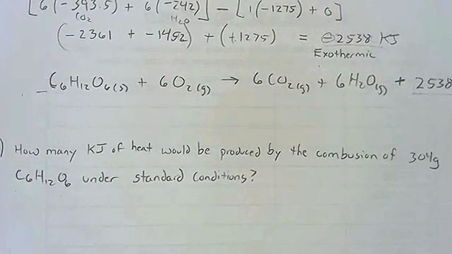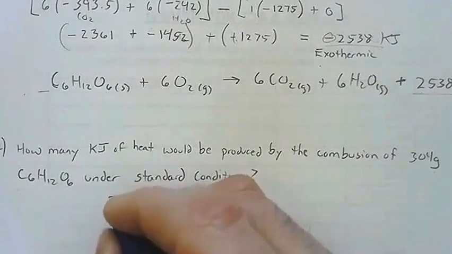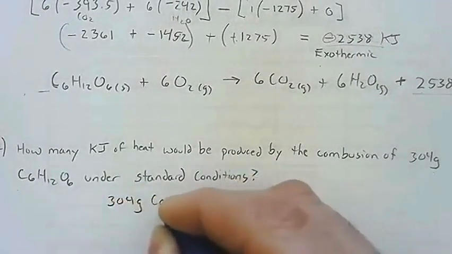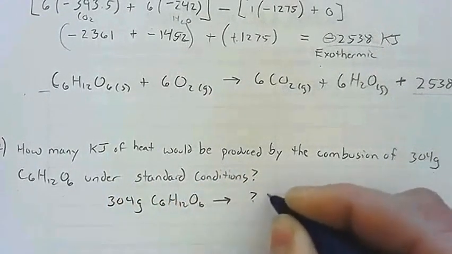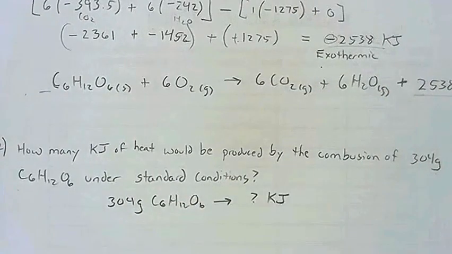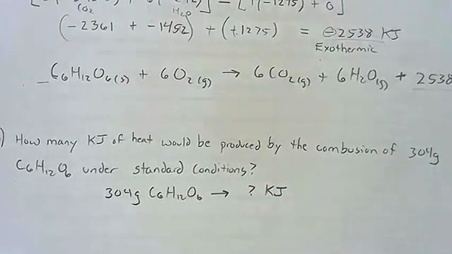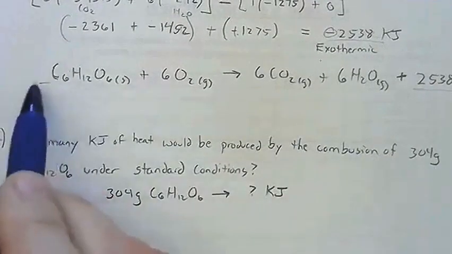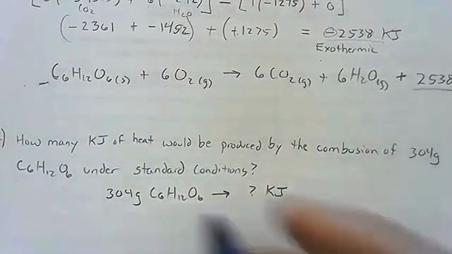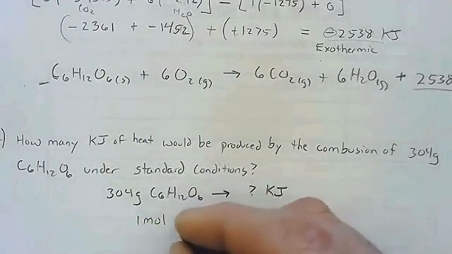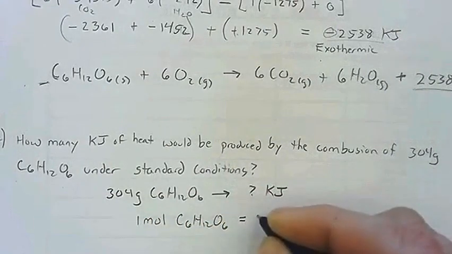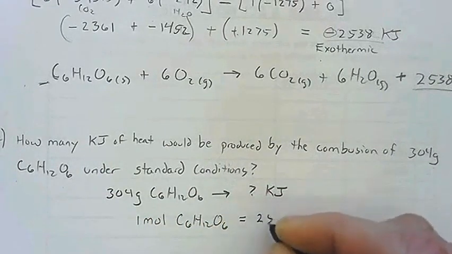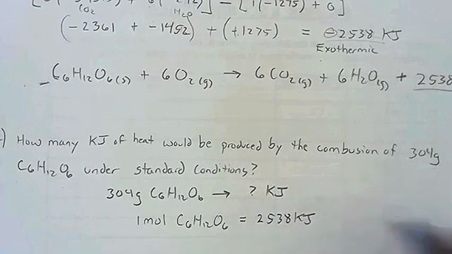And basically, this is a chemical conversion problem. I have my starting point and end point. So I have my 304 grams of glucose. And the question is, how many kilojoules worth of heat are being produced? Well, to go directly between moles and kilojoules, I know that for every 1 mole of C6H12O6, it is going to equal 2,538 kilojoules.